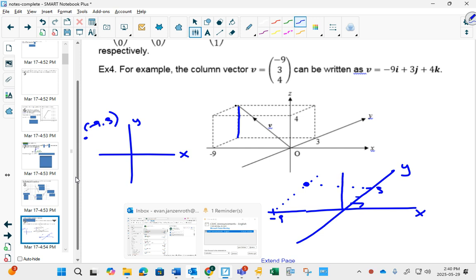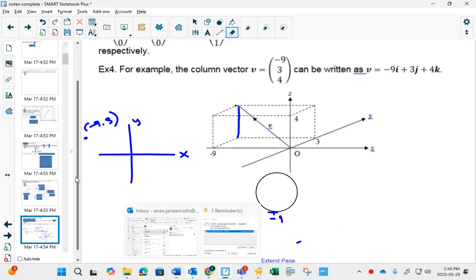4 has to go, here's your z-axis, straight up and down. You count 1, 2, 3, 4, and that distance is where your point is going to have to end. Starting at the origin and going to that point is a three-dimensional picture of your shape.